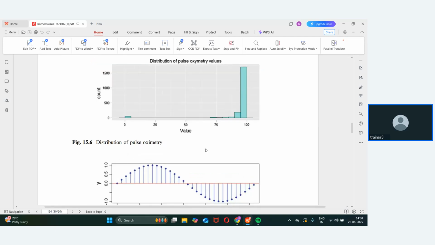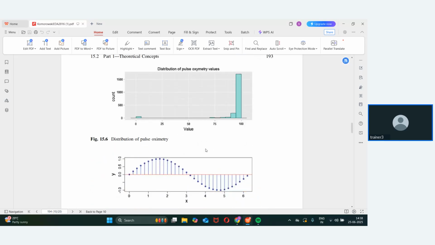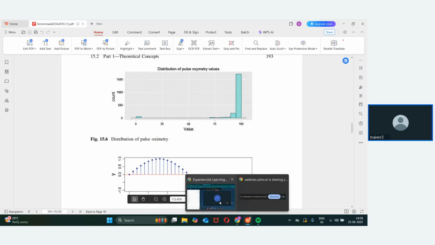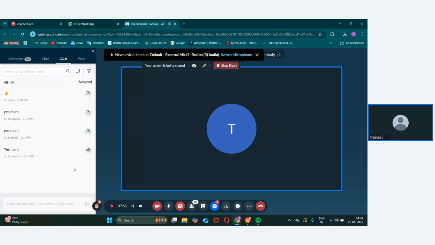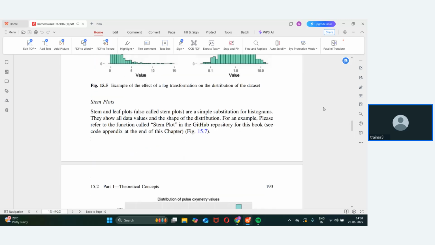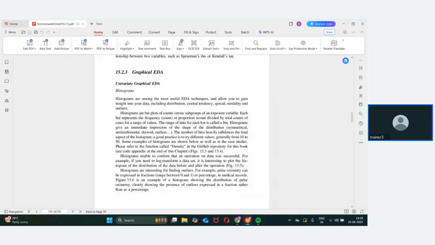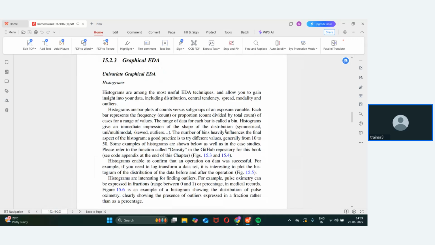This is the distribution, and it is known as a stem plot. You guys can have a look at it. Read it for a minute. You'll be able to understand what a histogram is. You can have a glimpse.